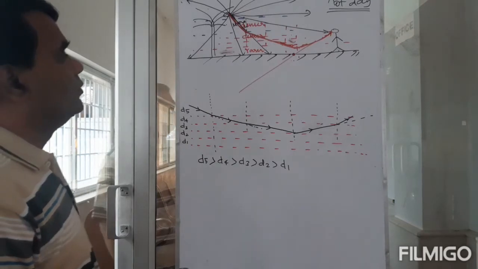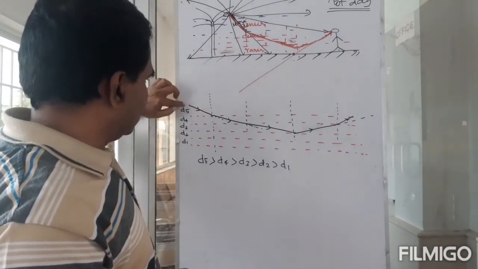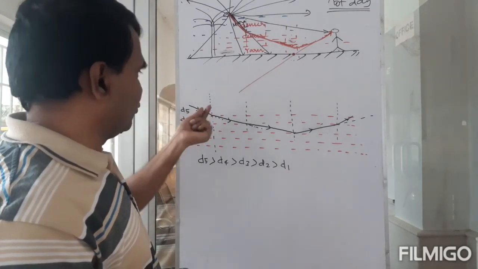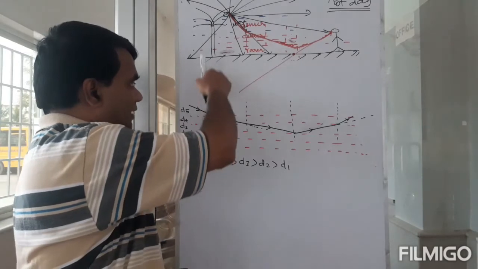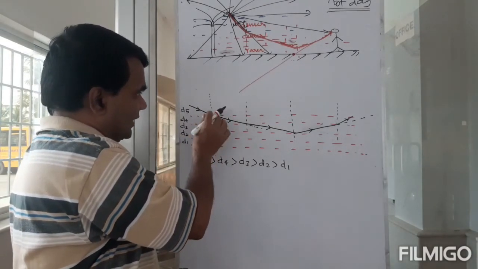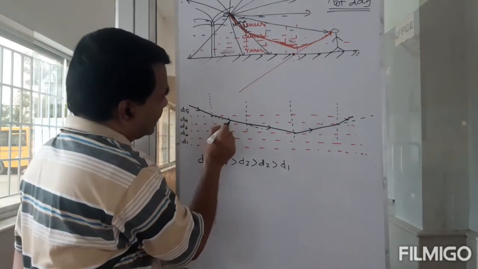Now let us take a ray which hits this interface between D5 and D4. So I can have a normal at the point. If this was not there, this would have continued along the dotted line.